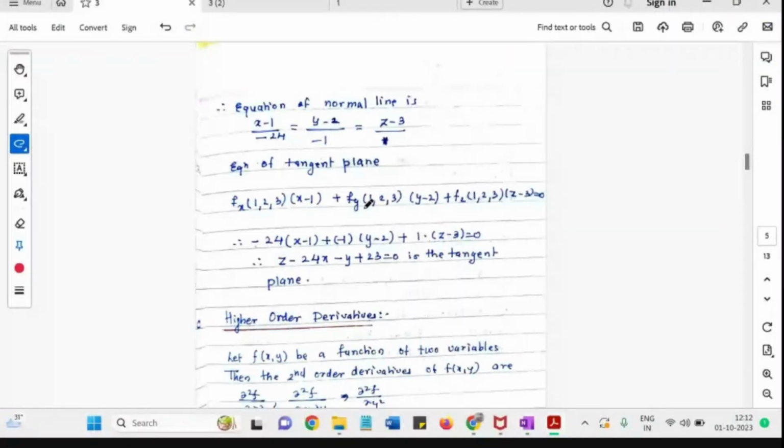So it is minus 24 times x minus 1, minus 1 times y minus 2, plus dou f by dou z at 1, 2, 3 times z minus 3. Putting this over here and simplifying, your tangent plane is z minus 24x minus y plus 23 equal to 0.